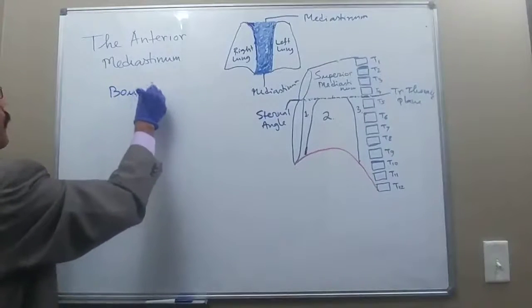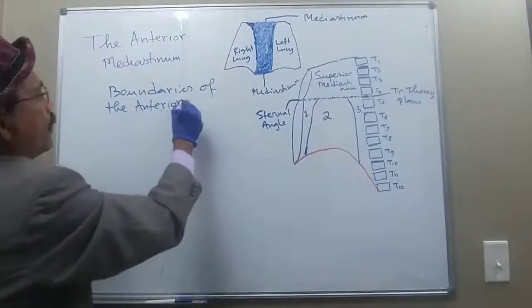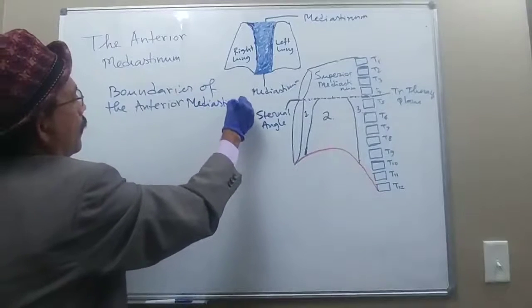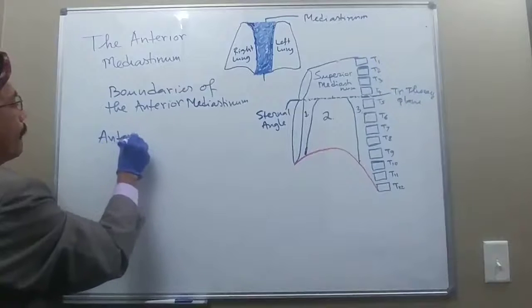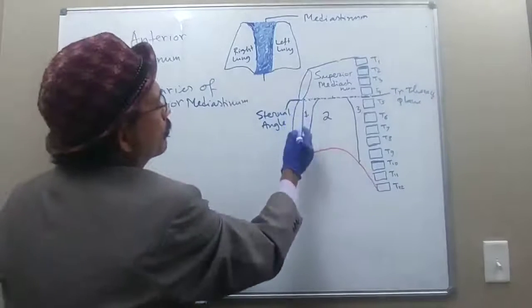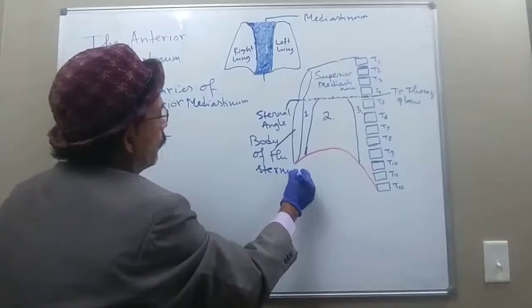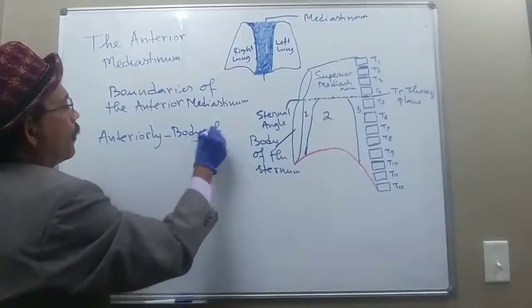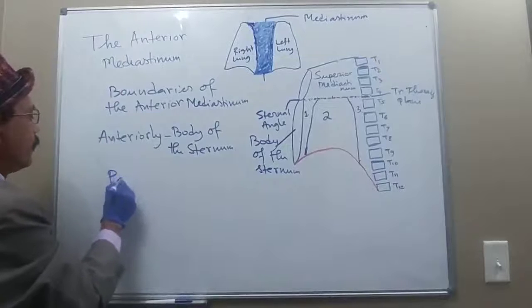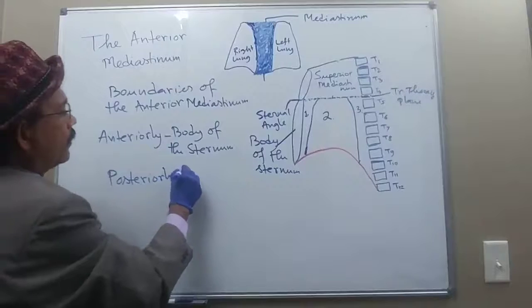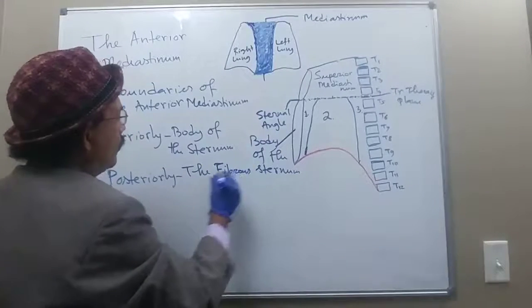Boundaries of the anterior mediastinum. Anteriorly, we have the body of the sternum, also called the mesosternum. Posteriorly, the fibrous pericardium.